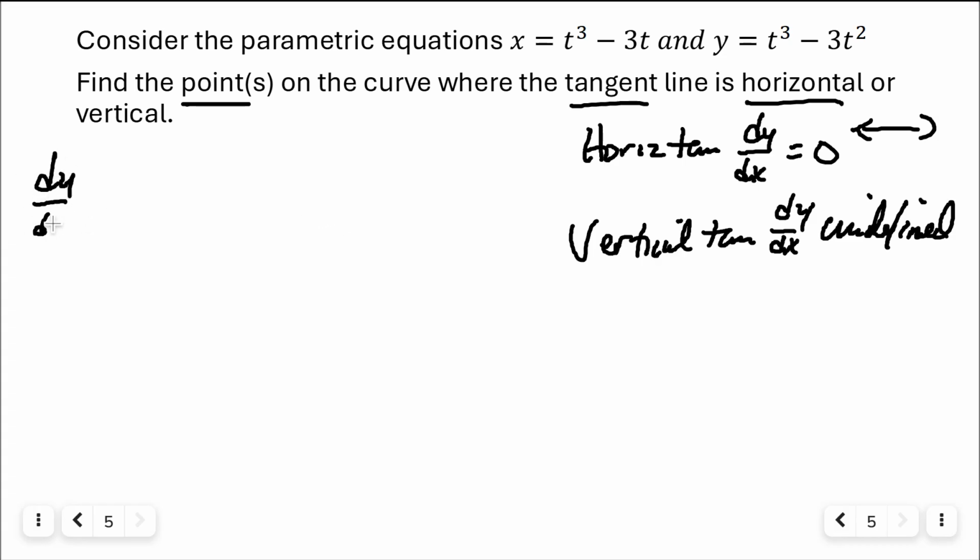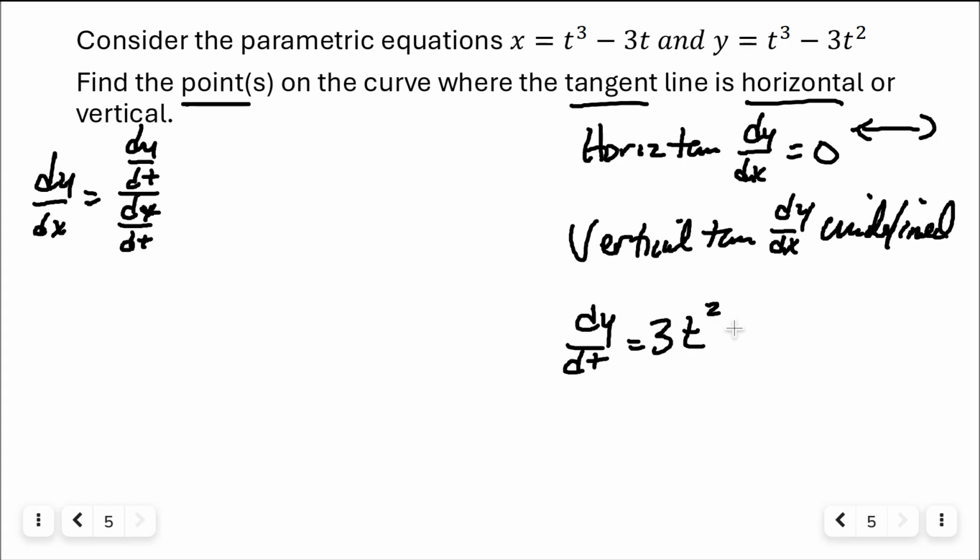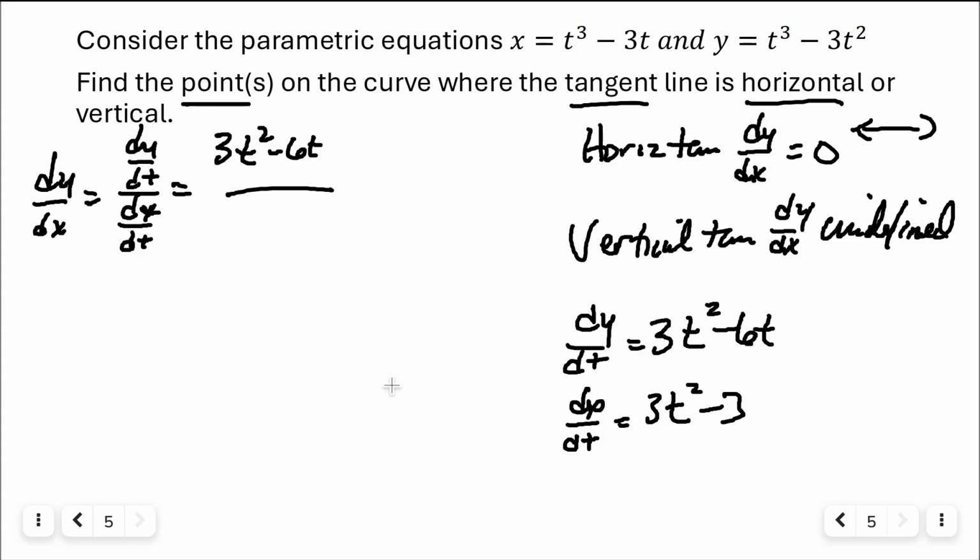But again, we have to find dy/dx to do that. So dy/dx is equal to dy/dt divided by dx/dt. So dy/dt is 3t squared minus 6t, over dx/dt, which is 3t squared minus 3.